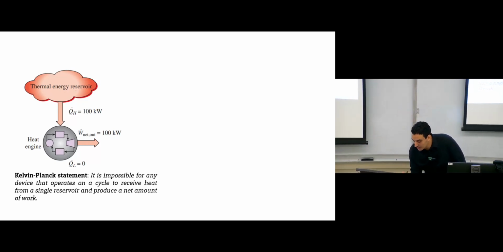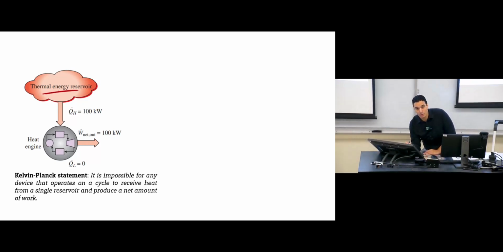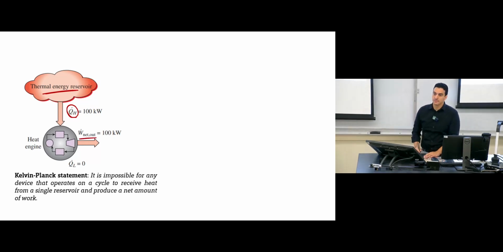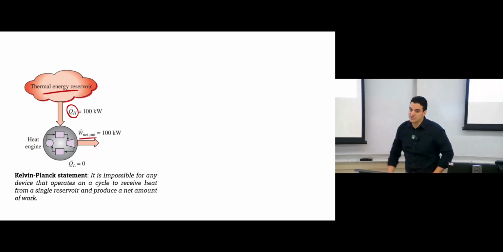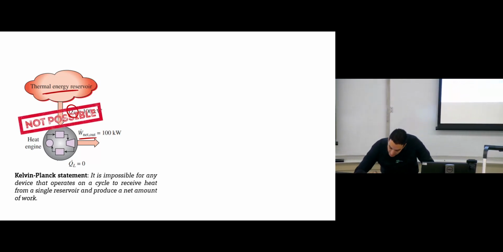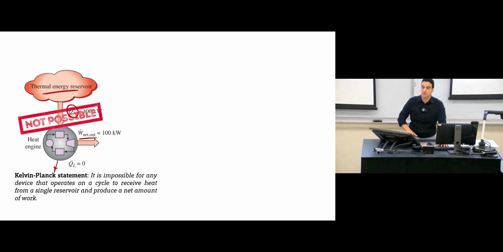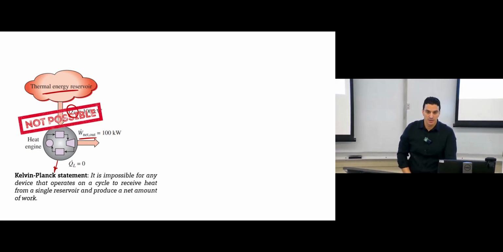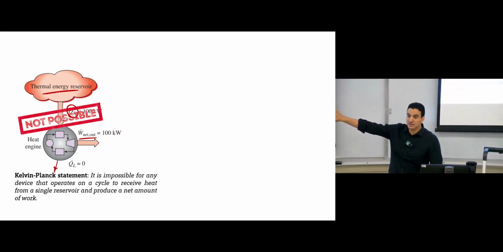If you have a high temperature reservoir and you have a working fluid, it's impossible that the working fluid will receive heat from this source and all of this heat will be obtained as work. So this is the schematic of this description. He said this is impossible to have. You should have heat rejected to a lower temperature sink. If you don't have this, the whole process is impossible.